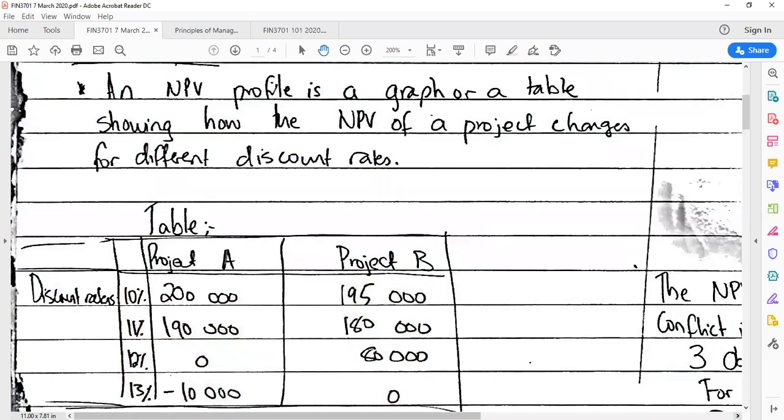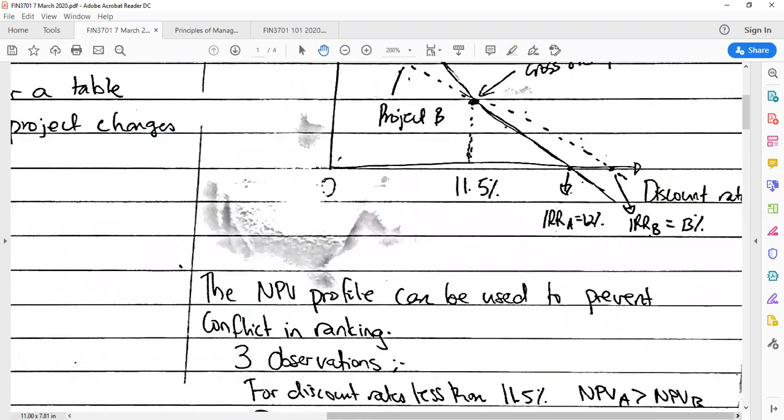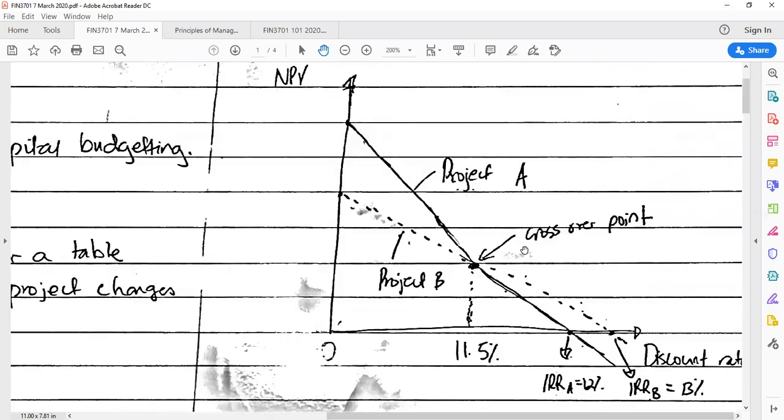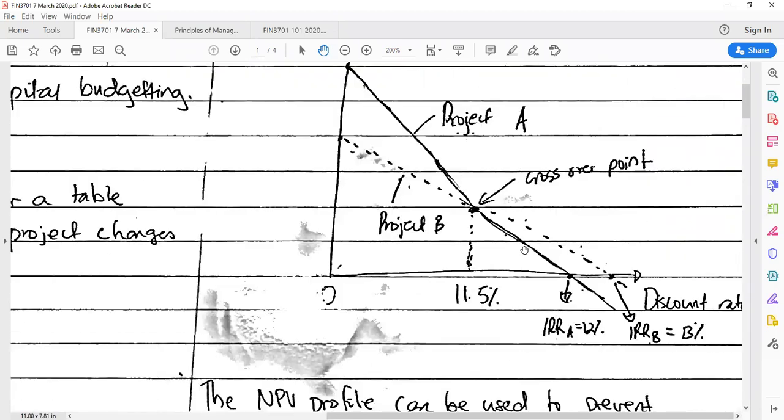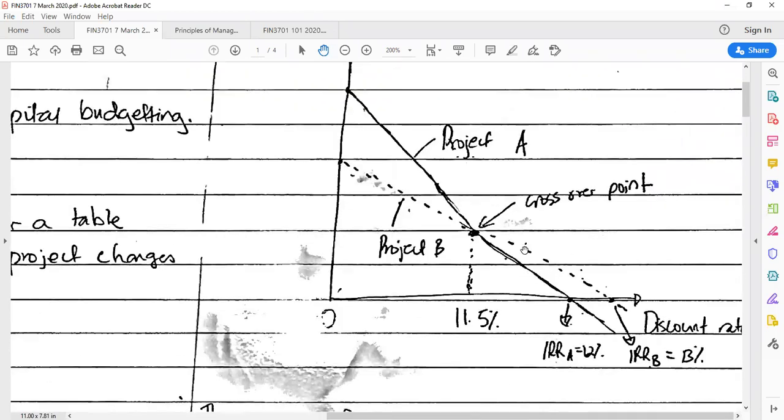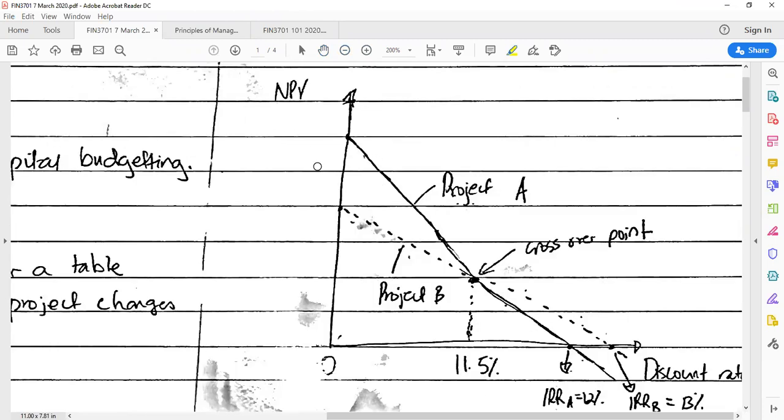We can also illustrate this relationship through a diagram. So in this diagram, it's also an NPV profile. Remember, we said it can be a diagram or a table.